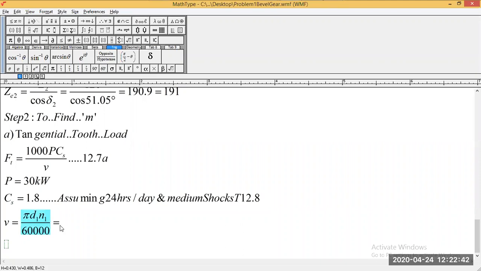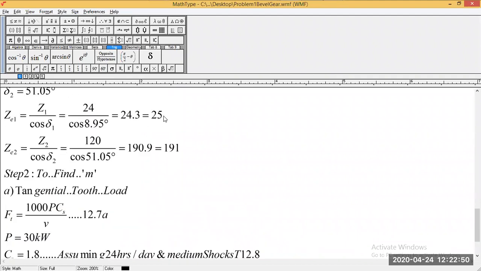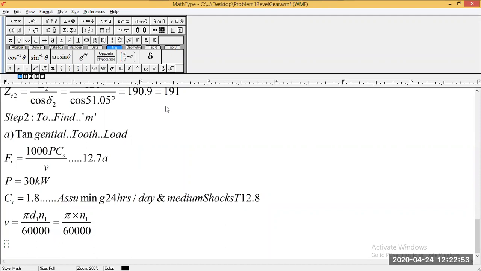So that means pi times d1. Do we have d1? No. So we need to modify the data as m times z. Instead of d, we'll use m z1, where d can be written as m z1. Since we don't have d, and we are also finding m in this step, we just modify this form.